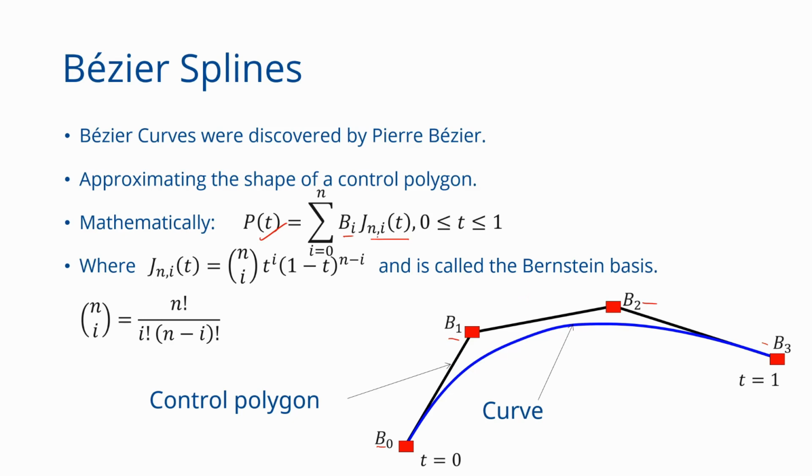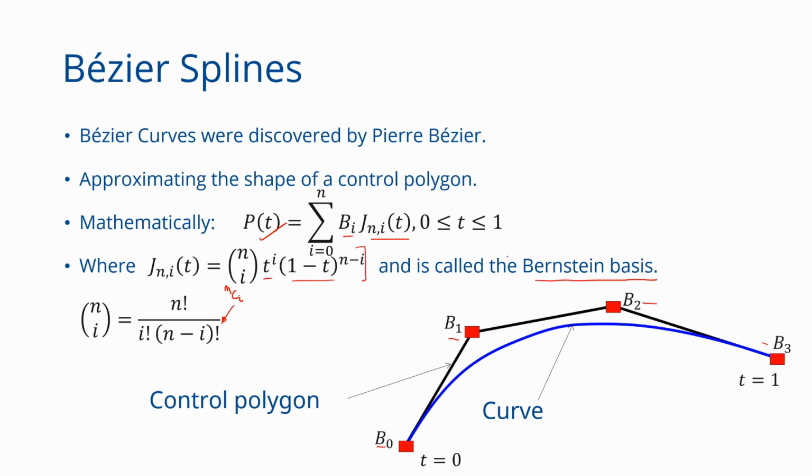What is J_n,i(t)? It is this basis. This is our way of writing n choose i, in case you have forgotten, multiplied by t to the i, times (1 minus t) to the n minus i. This particular basis is called the Bernstein basis.